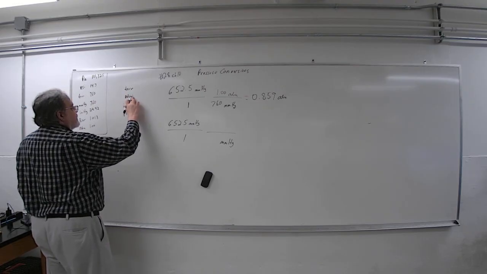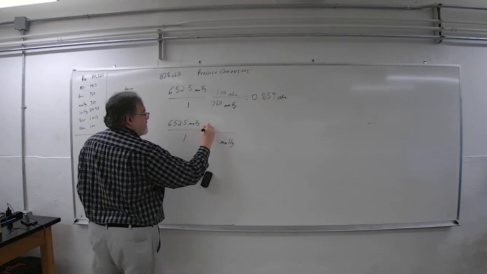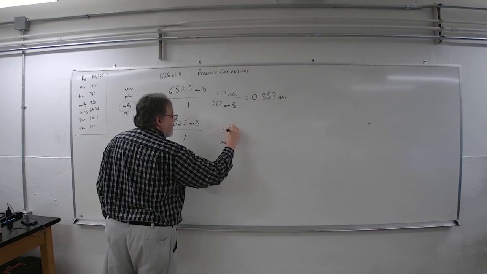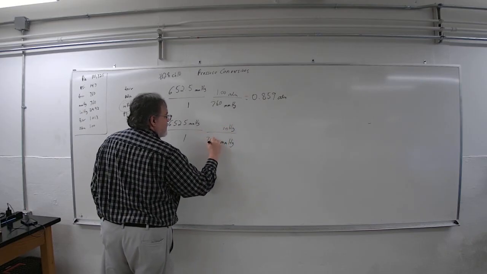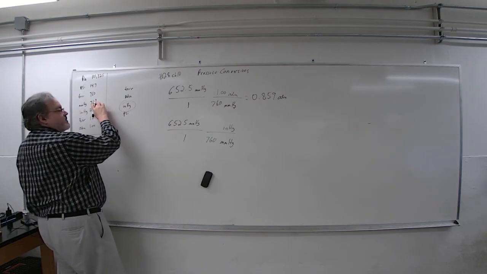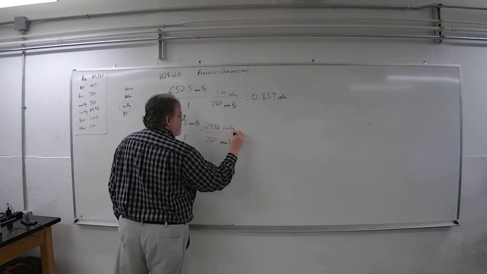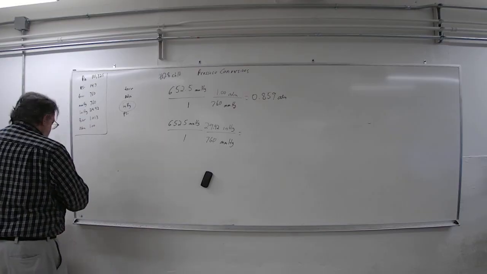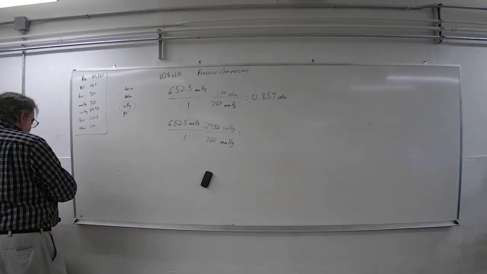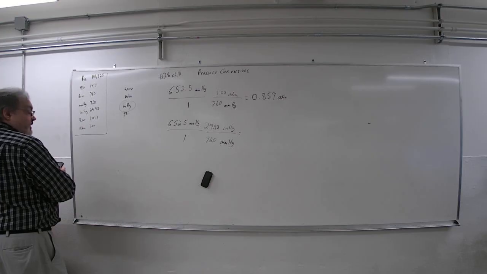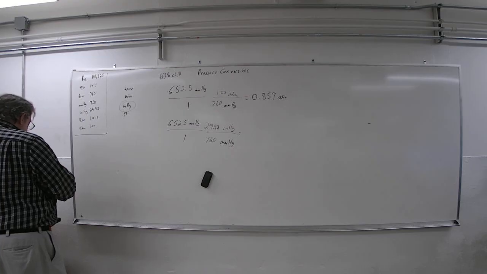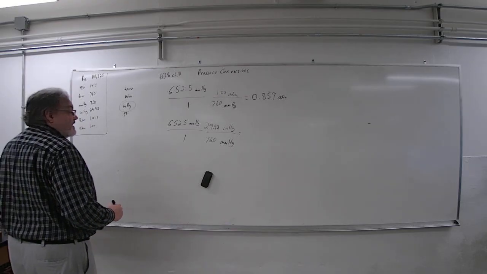Next one is inches of mercury. So 760 for millimeters of mercury, inches is 29.92. So 652.5 times 29.92 divided by 760 is 25.69.